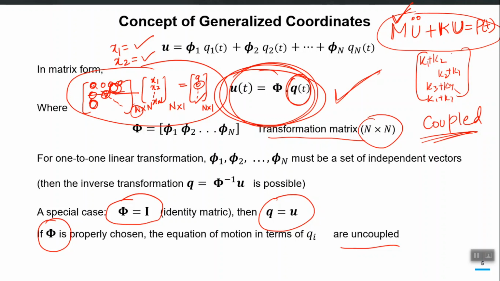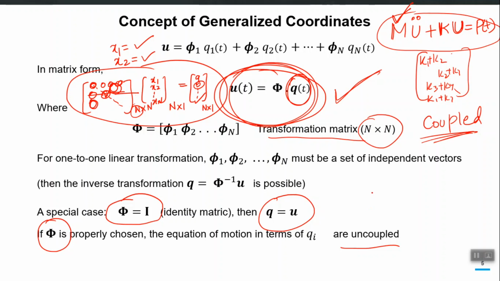I repeat one last time that if we use the mode shape matrix as the transformation matrix between u and q, the resulting equation of motion in q coordinates will be in an uncoupled form, and some of you might have guessed already that it will be because of the orthogonality property.